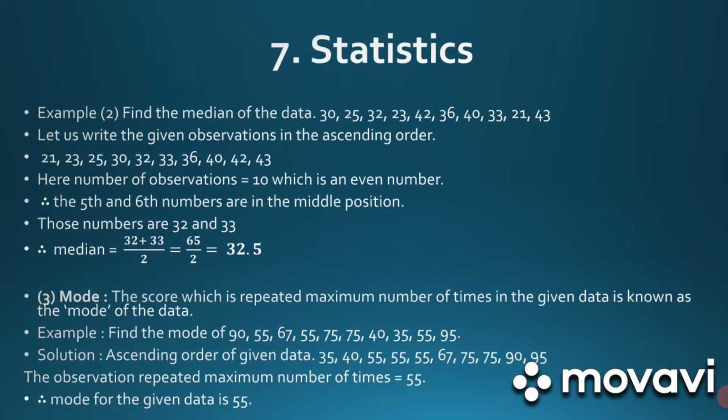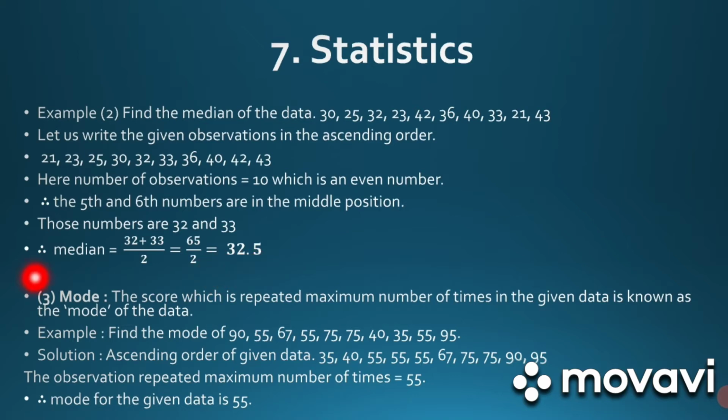Here the number of observations is 10, which is an even number. Therefore the fifth and sixth numbers are in the middle position. Those numbers are 32 and 33. Therefore the median is equal to (32 + 33) divided by 2, which is equal to 65 upon 2, which is equal to 32.5.